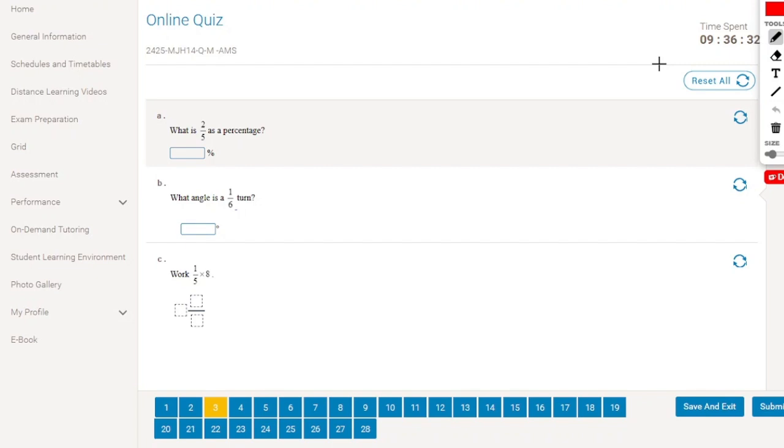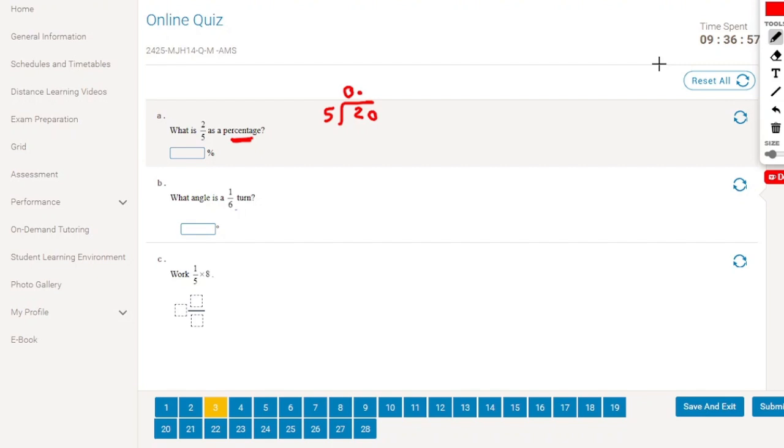Question number 3. What is 2 over 5 as a percentage? Okay, to get this number as a percentage, we will do normal division. This is 2 divided by 5. Let's do the division. 2 divided by 5 cannot be done, so it will be 0, and I'll put a decimal point here.